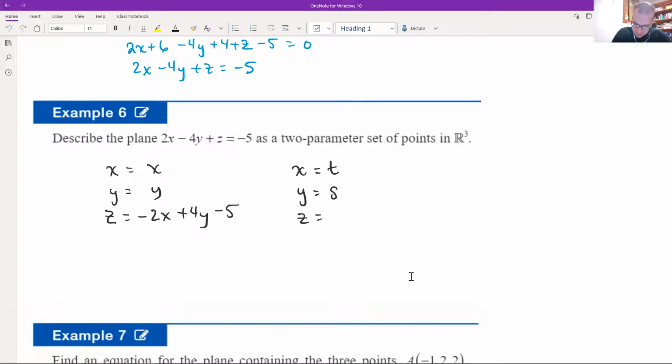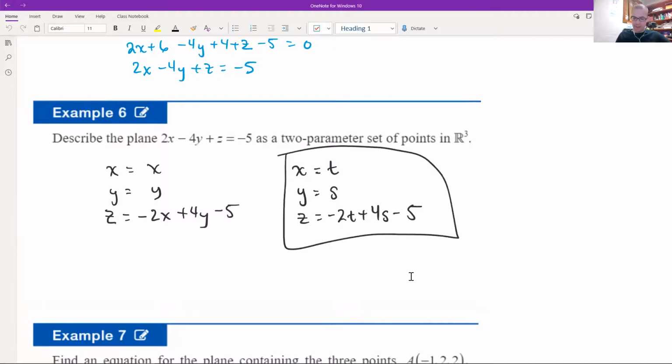And then z, I should have used w. I like w. Minus 2t plus 4s minus 5. There's a 2-parameter set of points in R3. And if you wanted to, you could turn that into parametric vector form and you'd have 2 direction vectors and 1 starting point. Super cool.